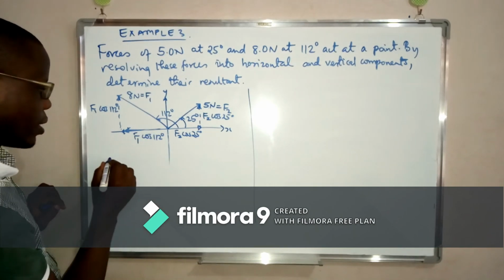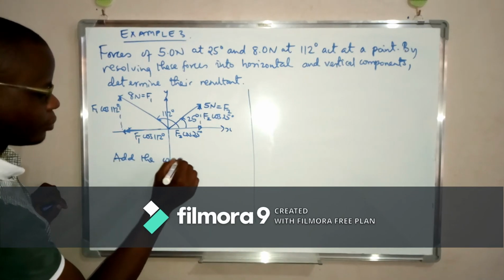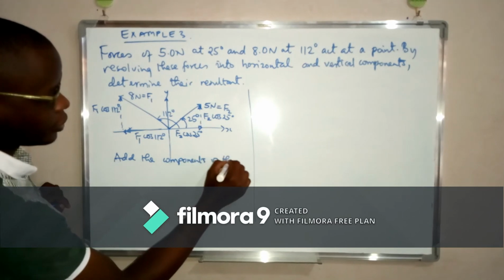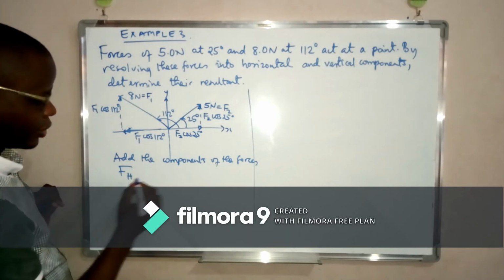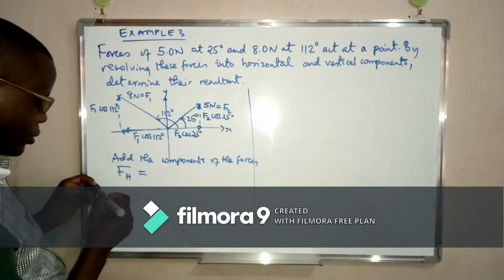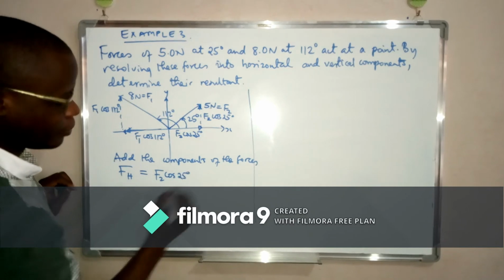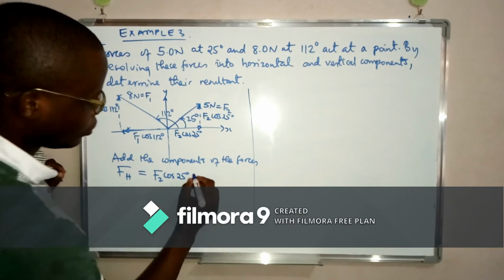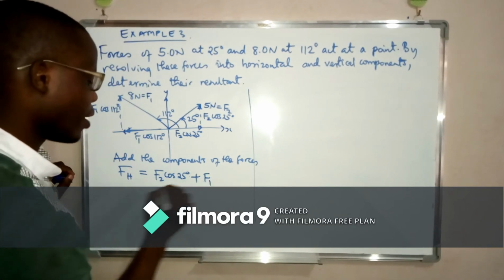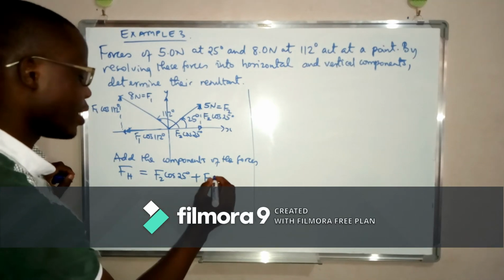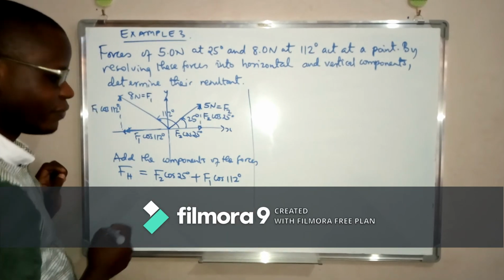So now we add the components of the forces. Let FH represent horizontal forces. When you add the components of the horizontal forces, you have F2 cos 25 degrees plus F1 cos 112 degrees.